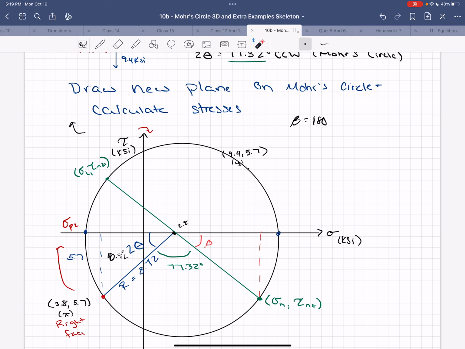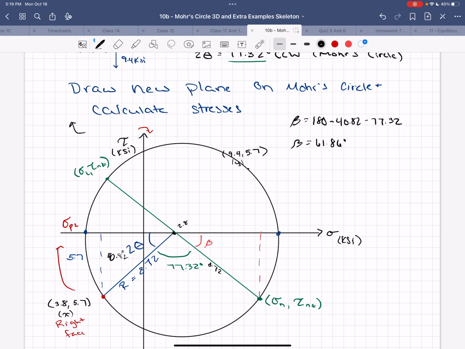So beta equals 180 minus 40.82 minus 77.32, and we get beta equals 61.86 degrees.